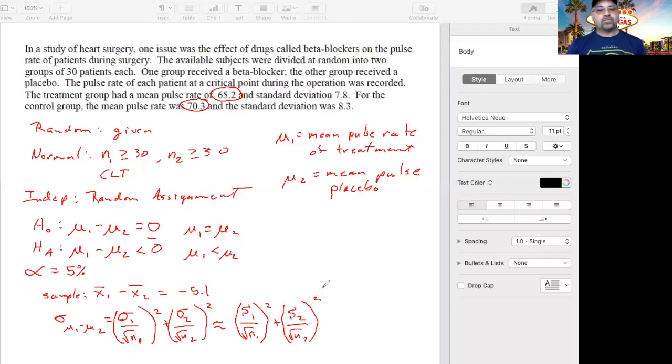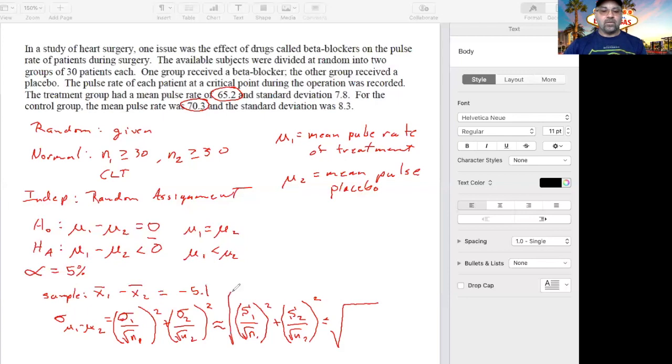And so I'm going to take my two sample standard deviations that are given up there, and you can see there's 7.8 and 8.3. So 7.8 over 30 and 8.3 over 30.